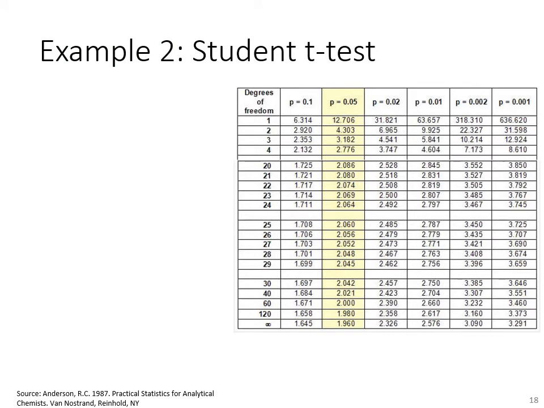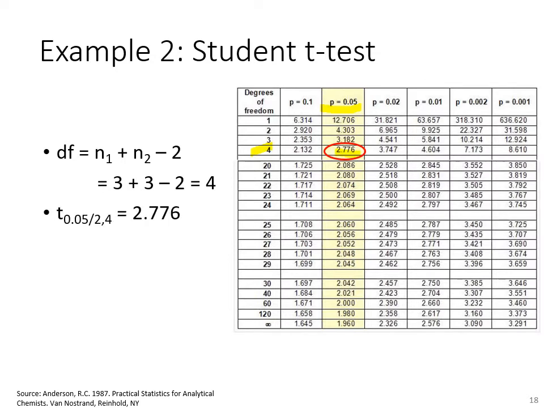Again, we will use a two-tailed student t-test. So we said that we had 4 degrees of freedom, calculated from this equation here. And we're looking at the 95% confidence interval, so we have a critical t-value of roughly 2.78.